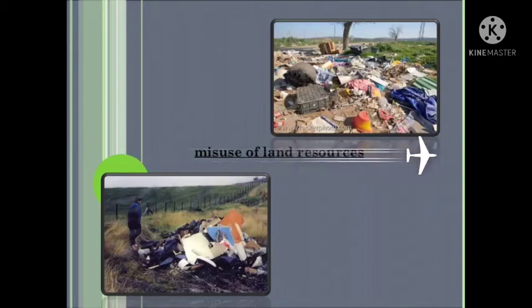Students, what is the problem with the way we use land? The population of the world is growing at an alarming rate, but the amount of land available to us is the same as it was, say, 100 years ago.